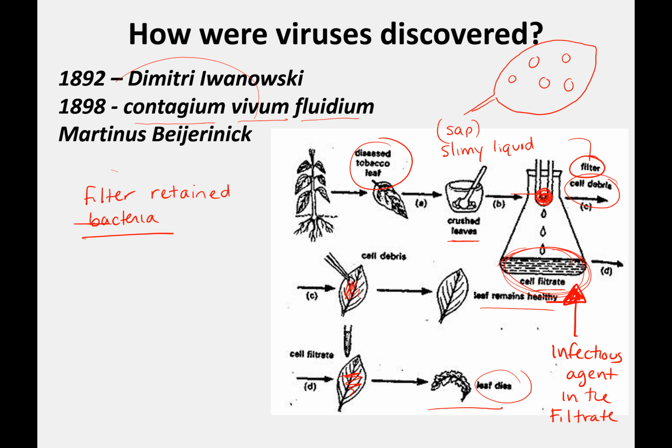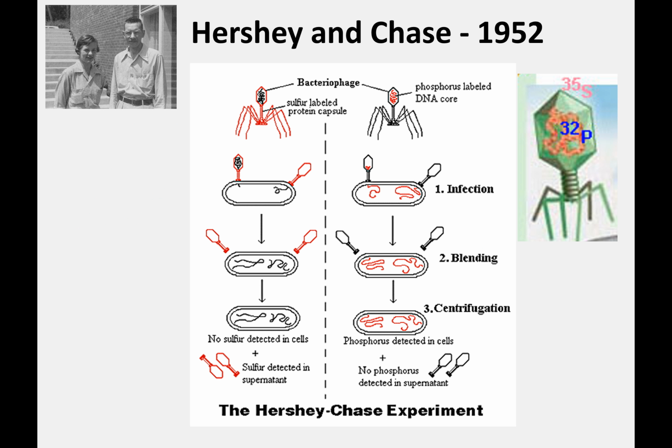So we're going to jump from the late 1800s to the mid 1900s, where Hershey and Chase showed that viruses had genetic information that was DNA, not protein. So remember, in the 50s is when people are figuring out the structure of DNA, and that DNA is the genetic material. And so what Hershey and Chase did is they had these bacteriophage. Bacteriophage are viruses that infect bacteria.